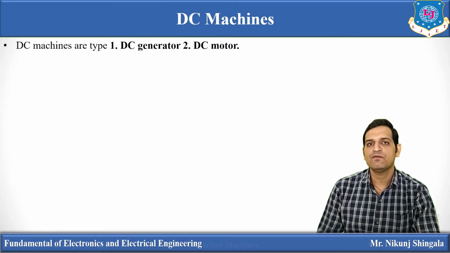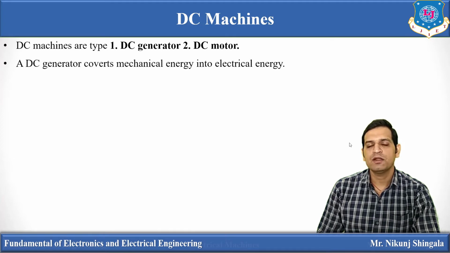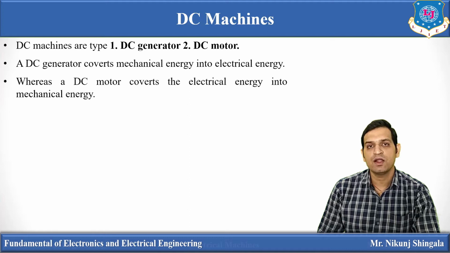DC machines are of two types: DC generator, which generates the energy, and DC motor, which converts the energy from one form to the other form. DC generator converts mechanical energy into electrical energy. As the name suggests, it generates the energy, whereas DC motor converts electrical energy into mechanical energy.